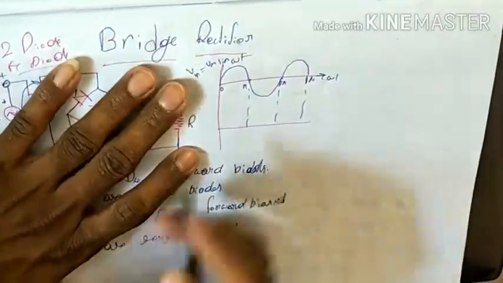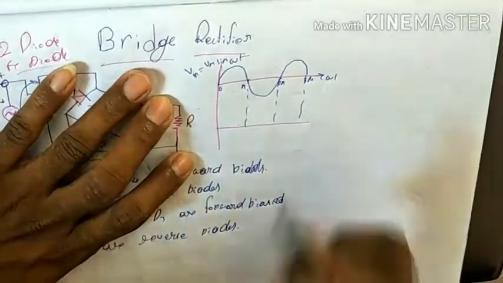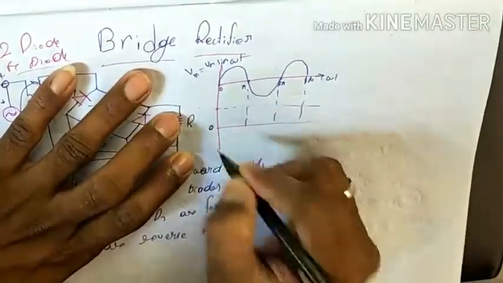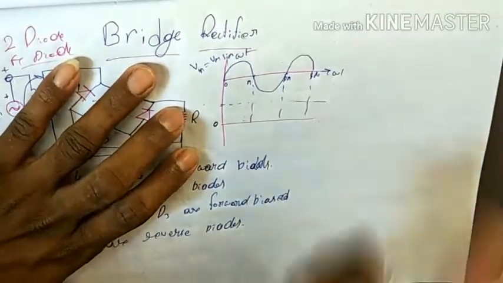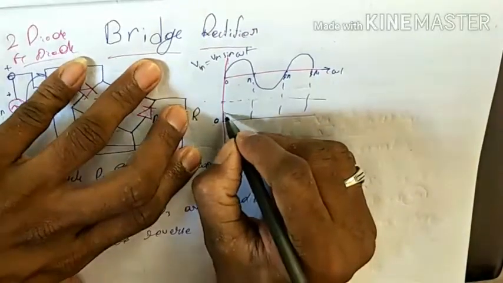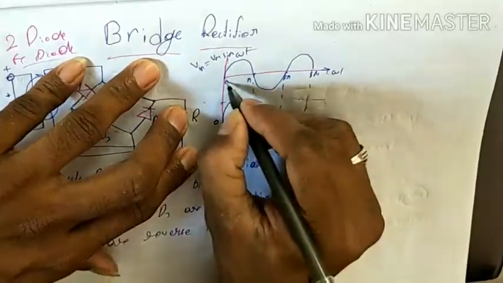Now we observe the output. For the first half cycle we get the maximum voltage, from 0 to pi.